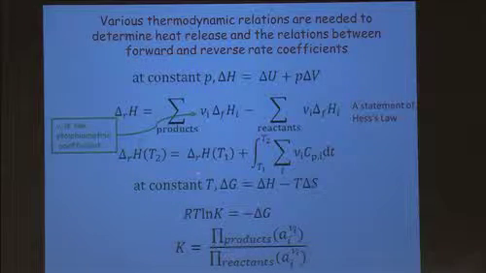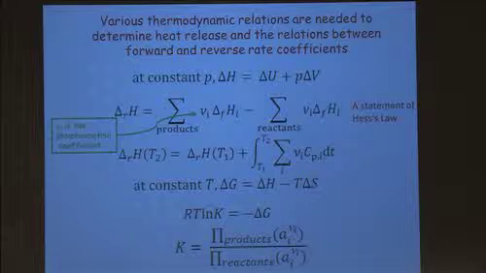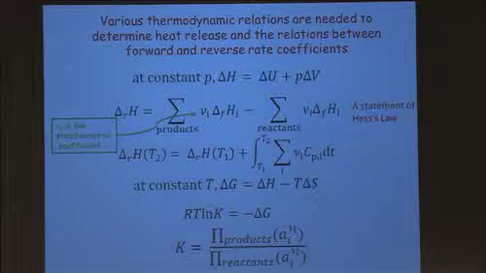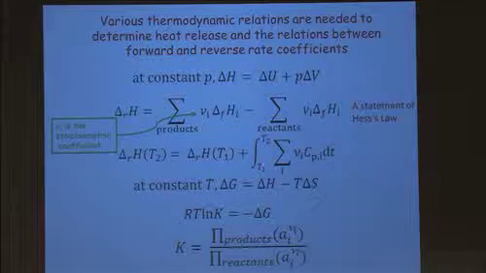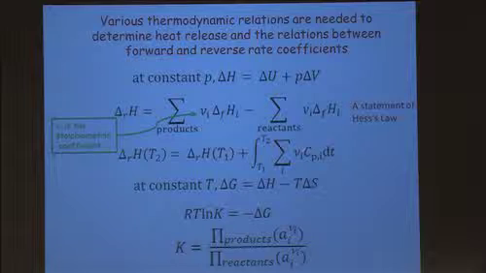If we know the enthalpy of reaction at a given temperature, then we can work out the enthalpy at another temperature using something that's called Kirchhoff's law, which in integral form is like this. We integrate from temperature 1 to temperature 2 of the sum of the stoichiometric coefficients for all of the species multiplied by their heat capacities under constant pressure conditions.